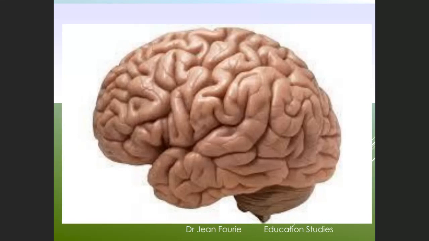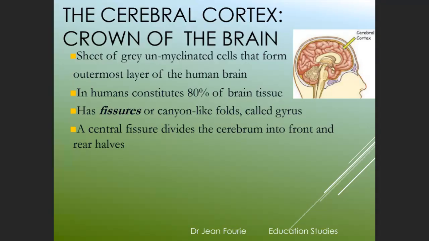So the brain, if you had a look at it from the outside, is made up of lots of folds, and on the outer edge, the outer structure, is the cerebral cortex. The cerebral cortex, also known as the crown of the brain, are sheets of unmyelinated cells that form the outermost layer of the brain.